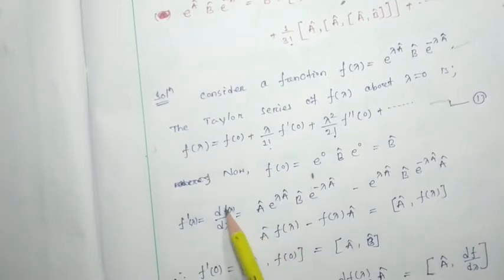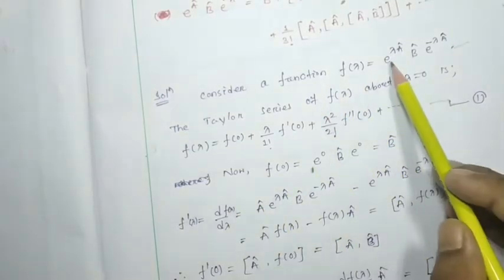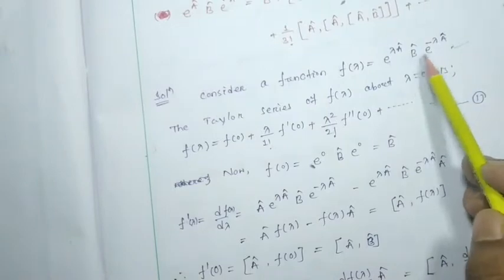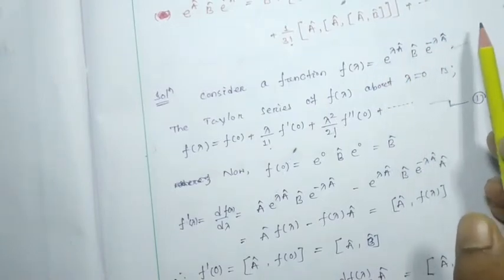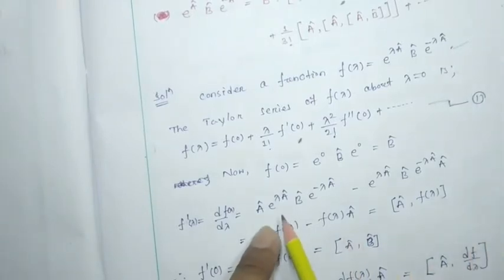So f lambda is nothing but e to the power lambda a cap b cap e to the minus lambda a cap. The derivative of these with respect to lambda, we are going to do by the product rule.